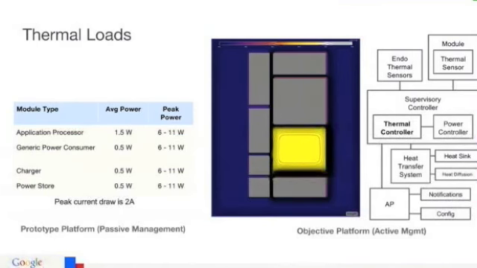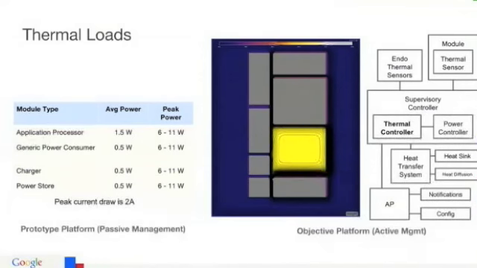We have looked into trying to put together an active thermal management system with a thermal controller, with a bunch of thermal sensors, both in the Endo as well as potentially in the modules. We've looked at other ideas like a heat transfer system whereby we essentially move the heat from a major heat source away from that module into other areas of the phone.